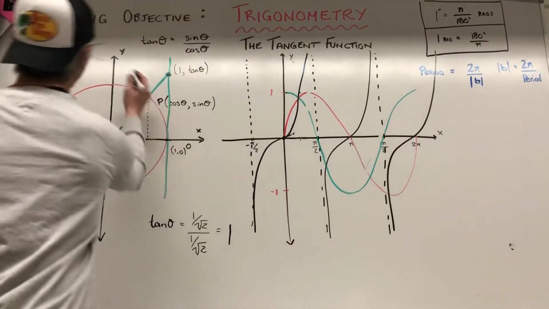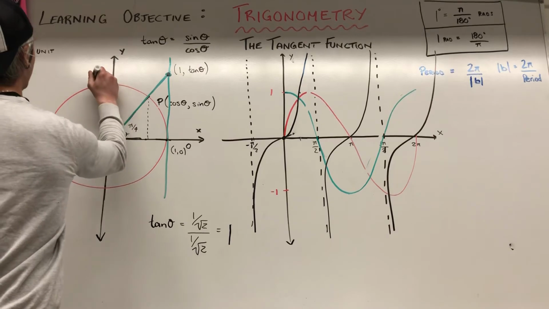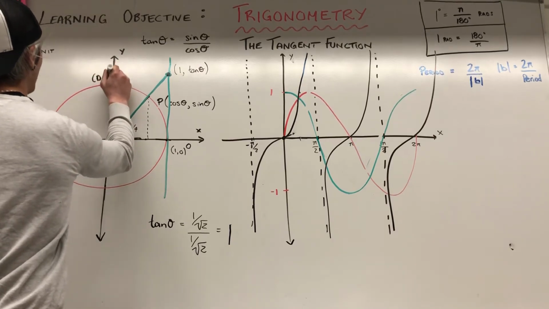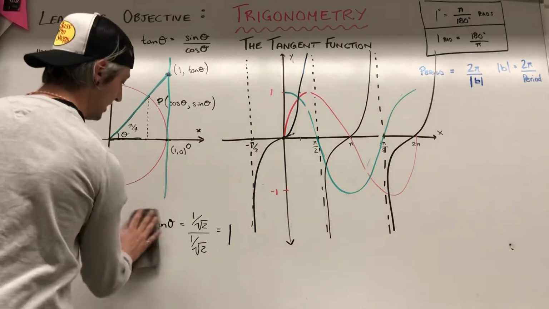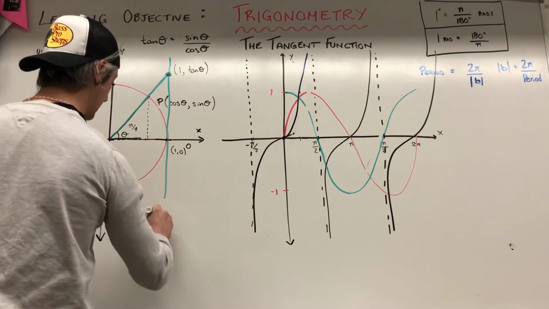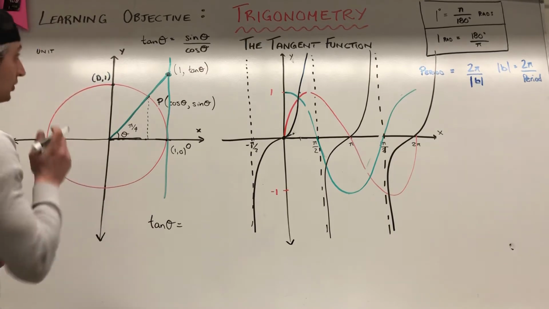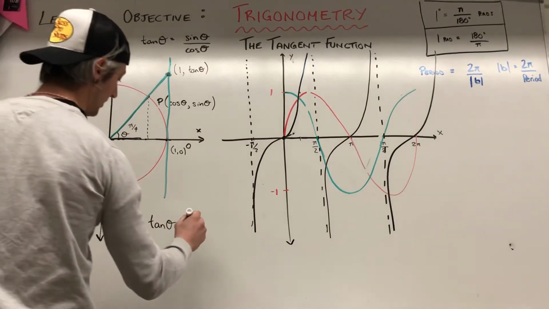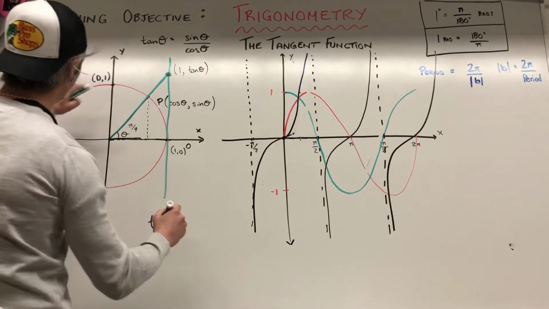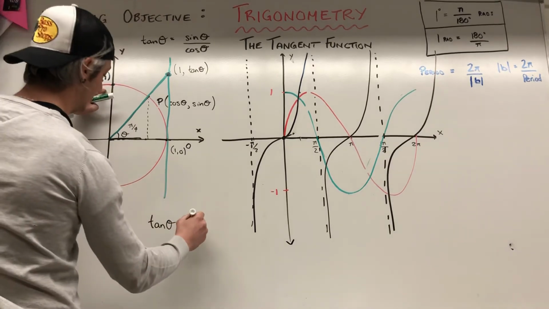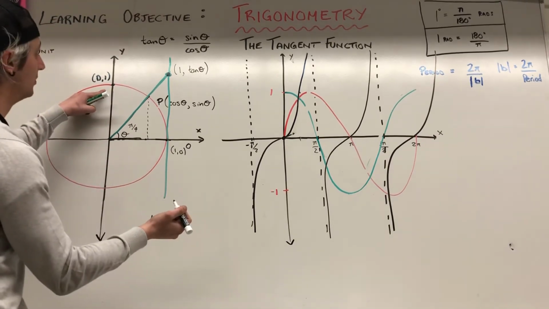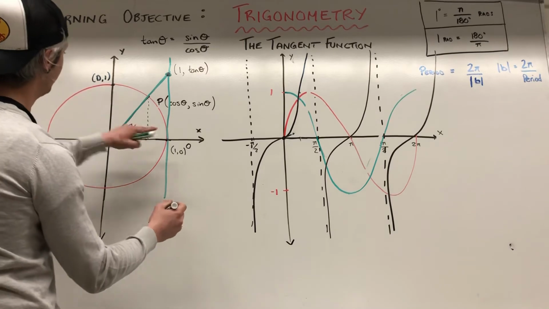Okay, and if we keep moving all the way up here, where my coordinate is 0 for x, 1 for sine, or for y, tan of theta there is equal to sine of theta over cos of theta. No, it's 1. It's 1 full because this is all y.